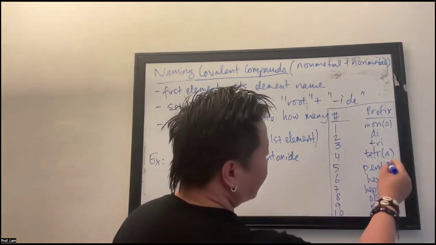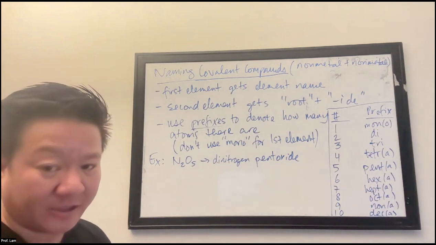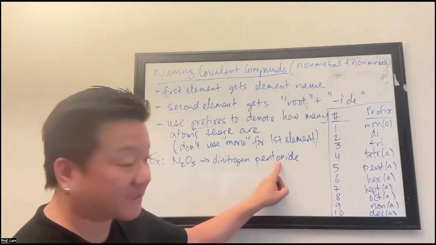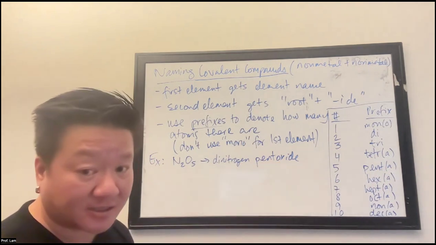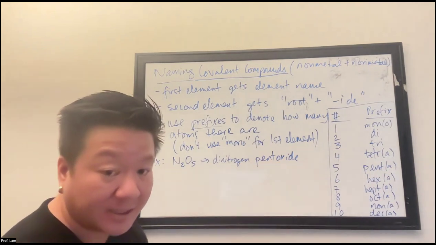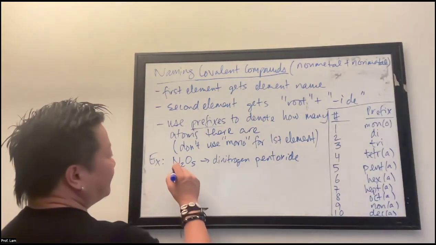And that's why these vowels at the end are in parentheses. You don't use them if the next letter is also a vowel. You can leave it out. So instead of pentaoxide, you can just say pentoxide. It's smoother.